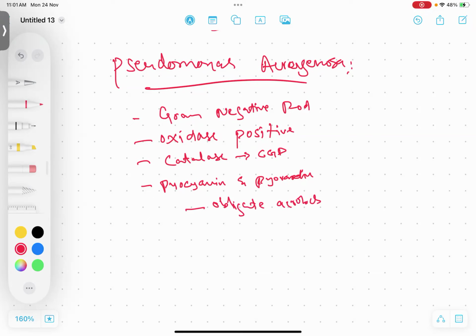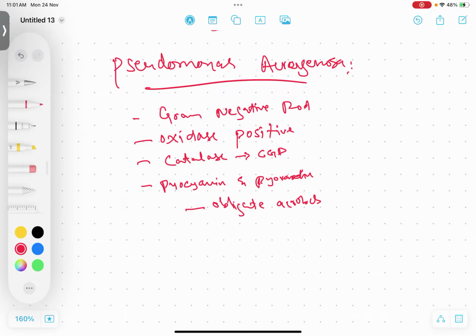They also do not ferment glucose or lactose, so they are non-fermenters. They are oxidase positive, so they extract their energy using oxidation through the electron transport chain.